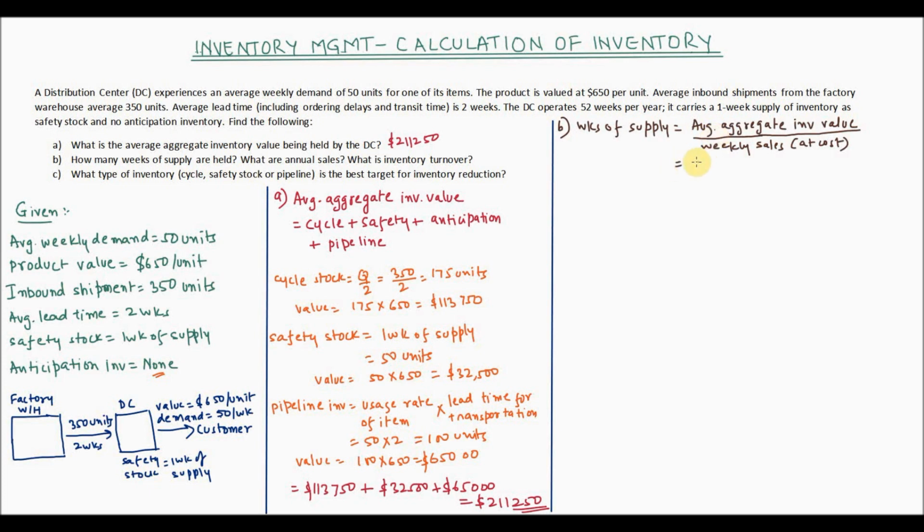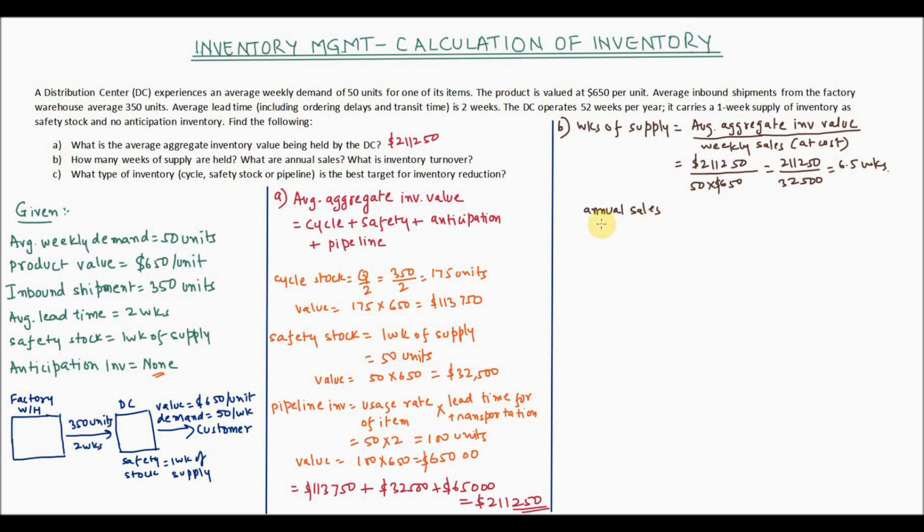So this is equal to $211,250 divided by the weekly sales at cost, which is 50 units multiplied by $650. So this is equal to $211,250 divided by 32,500, and this is equal to 6.5 weeks. So 6.5 weeks is the value of inventory that you are carrying.